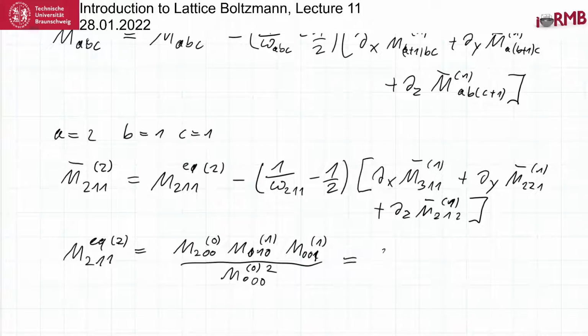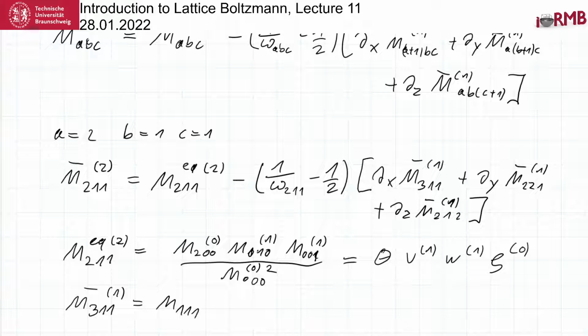And this simplifies to theta, first order of velocity v times the velocity w, w is the velocity in the z direction, times rho to 0 order. So M311 appears in this equation, so this is nothing else than M111 to first order, and to first order this guy is 0.